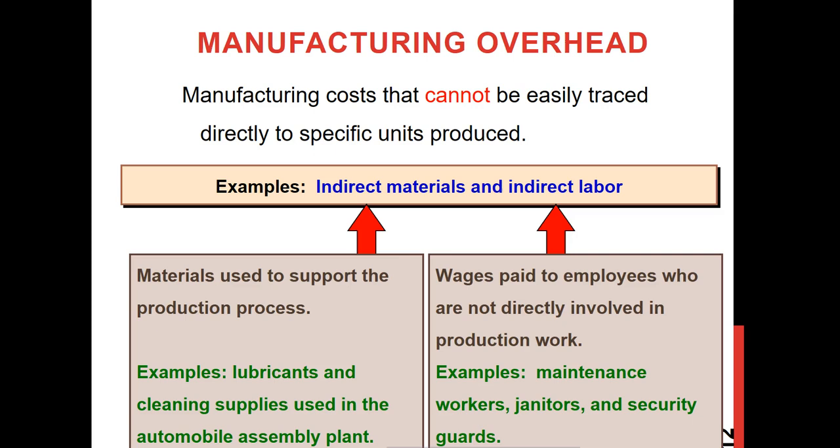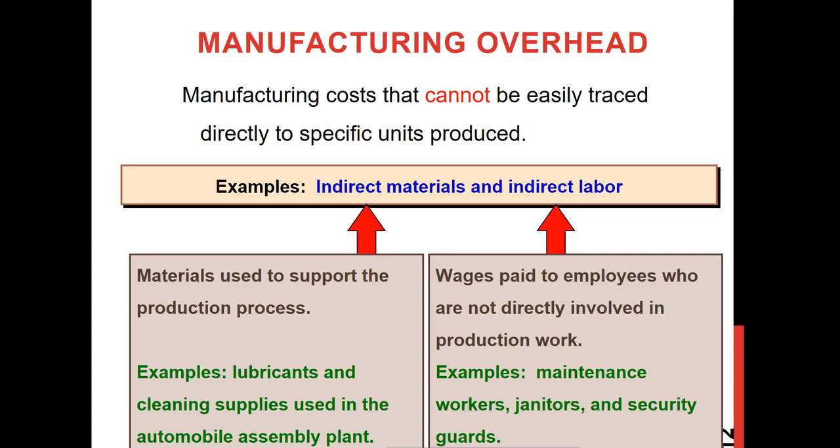These are related to your factory or plant, but you cannot easily trace them. For example, you need to pay the maintenance or the janitors or the security guards fees for your factory, for your plant, but it's really hard to trace how much you paid per product.